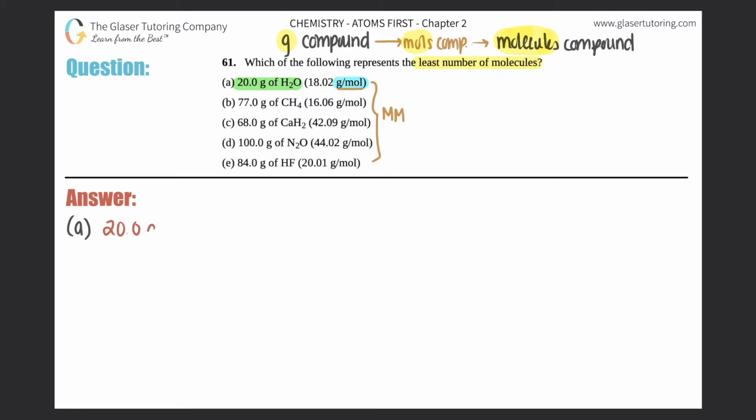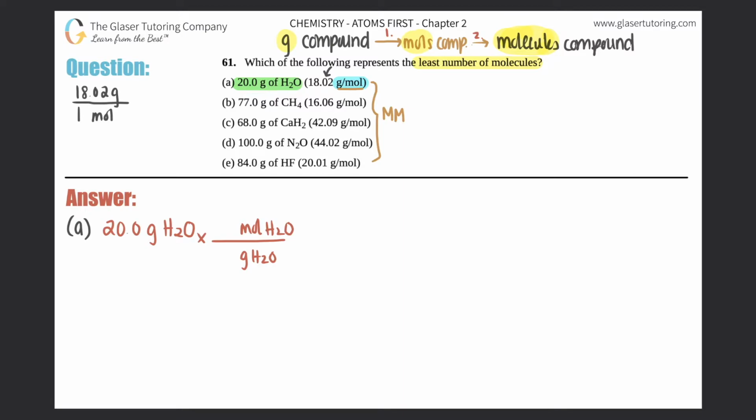20.0 grams of H2O. Well, I gotta get to moles first because this is the two-step process, 1 and 2. So, grams of H2O on the bottom, mole of H2O up top. Now, this is where the molar mass comes in. This is where you would actually look on the periodic table and figure out what the molar mass is. But they gave it to you, right? So it's 18.02 grams per 1 mole.